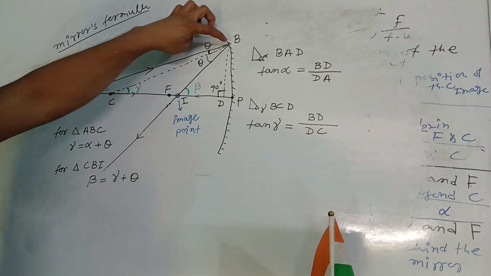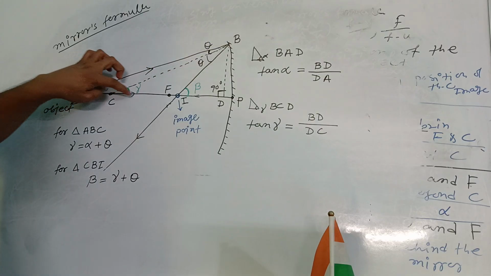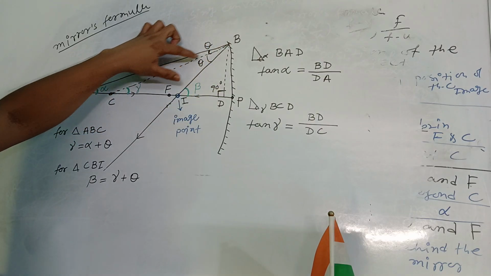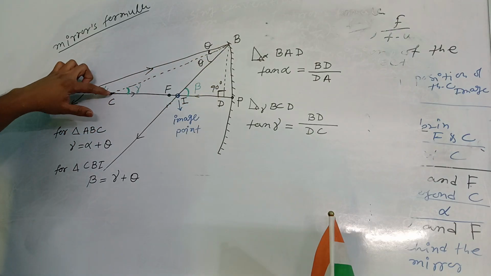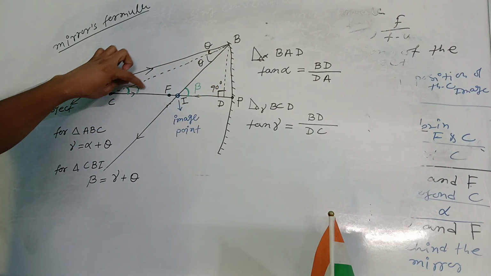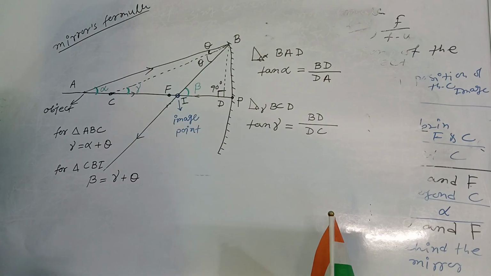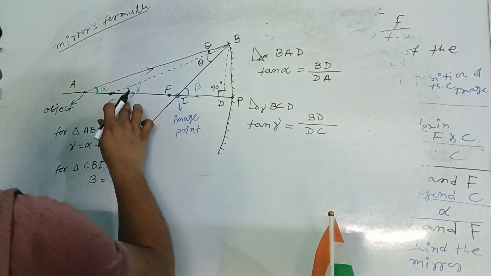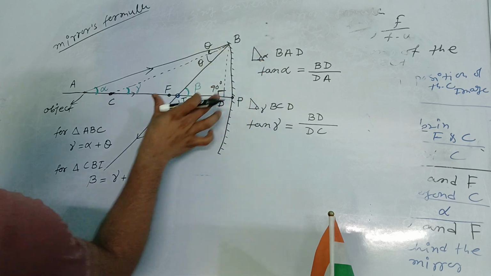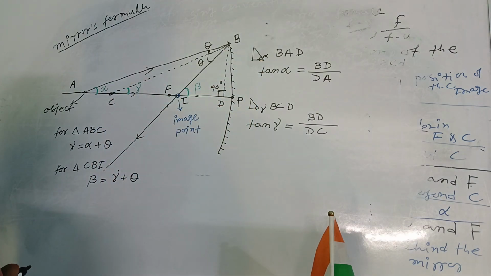So if I take this triangle BCD, then tan gamma means BD by base.